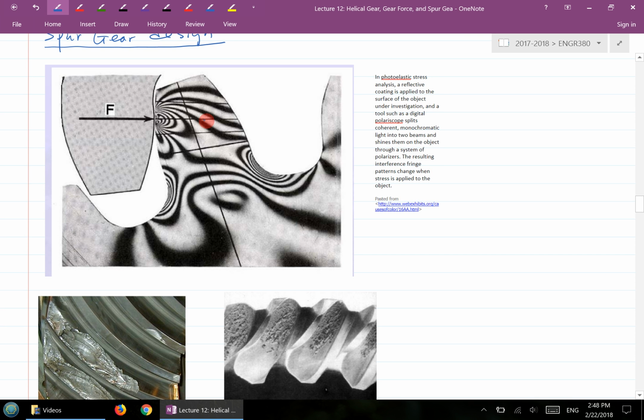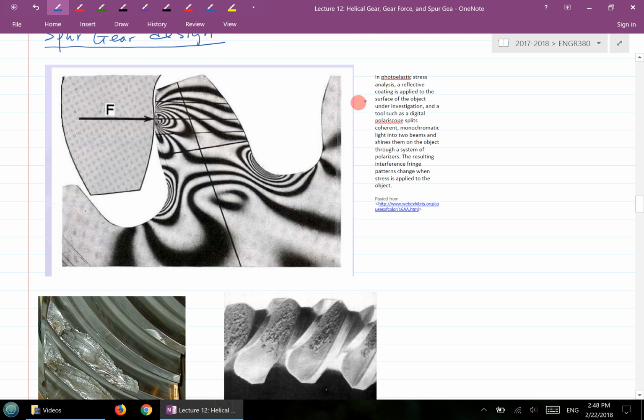This first picture shows the technique you can use to analyze the stress distribution when two gear teeth are engaged with each other.